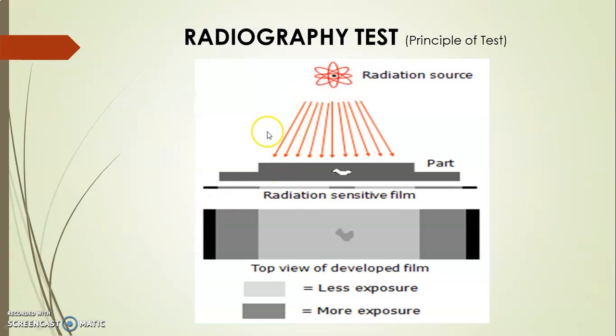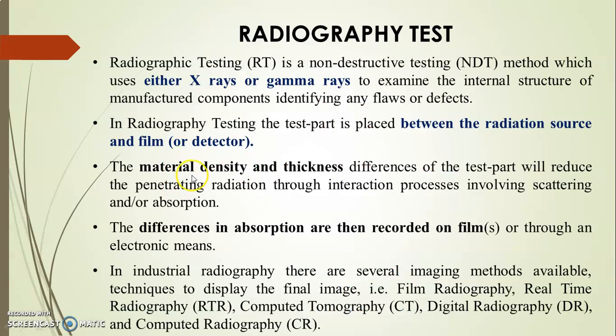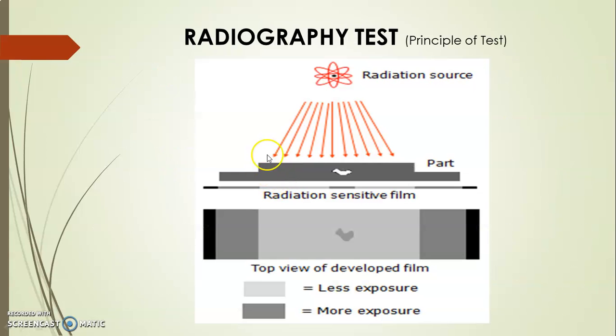Suppose the density of the specimen is large, then definitely it will resist the rays passing through it. Similarly, if the material thickness is large, it will resist the passage of the X-rays or gamma rays through it.